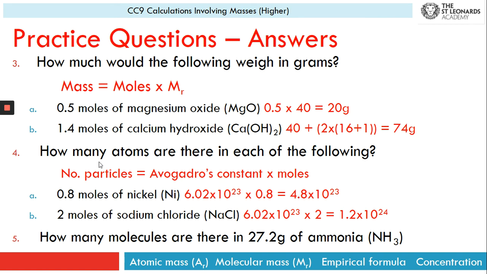Right, number 4. How many atoms are there in each of the following? So the equation we need to use for this one is going to be the number of particles equals Avogadro's constant times the moles. So number of particles in 0.8 moles of nickel.